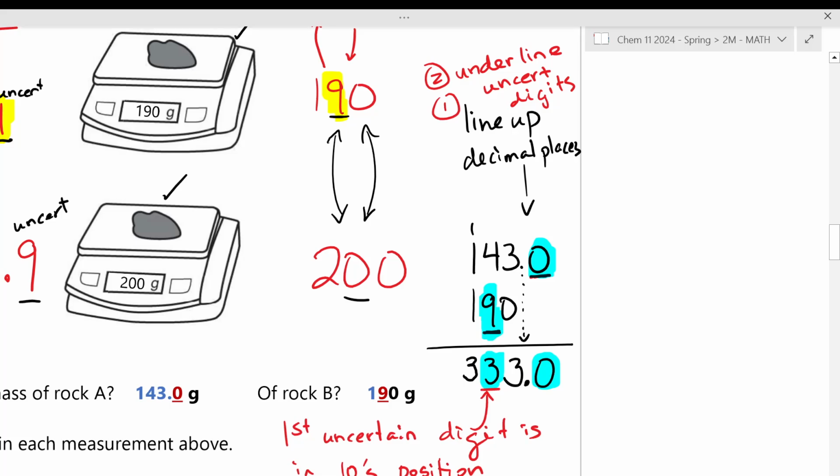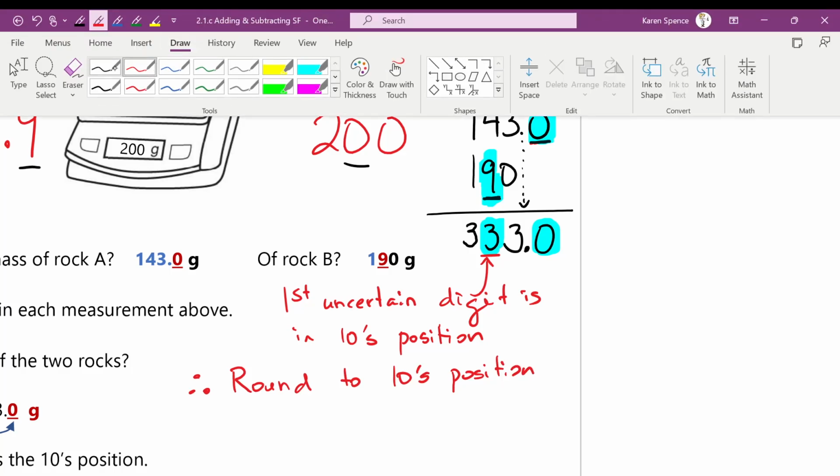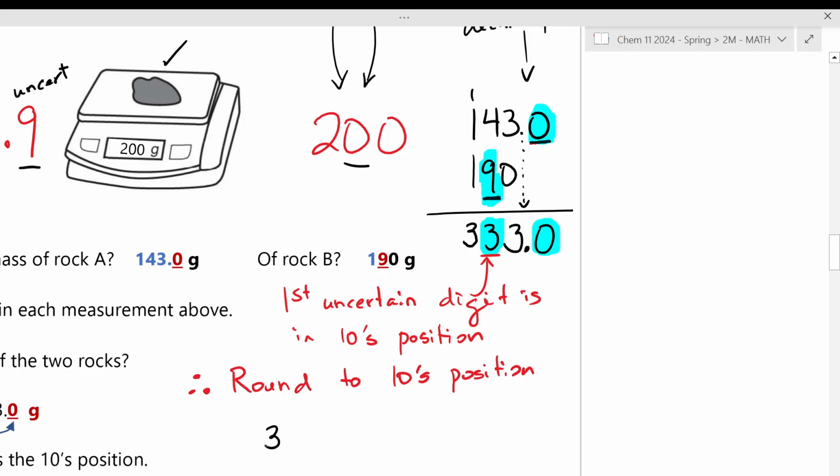And what that means is now I need to round that number to the tens position. So I have 333.0.